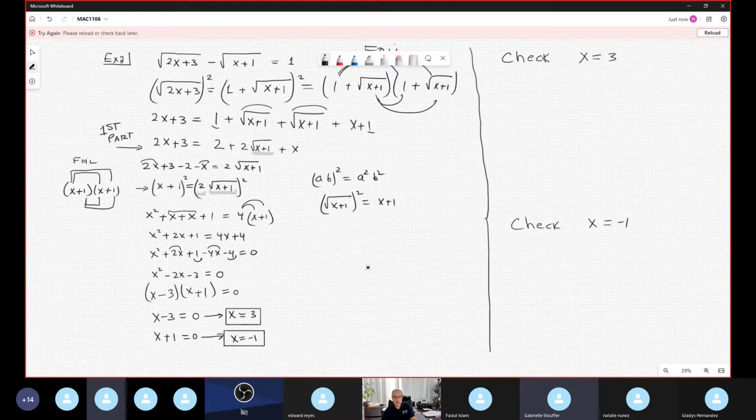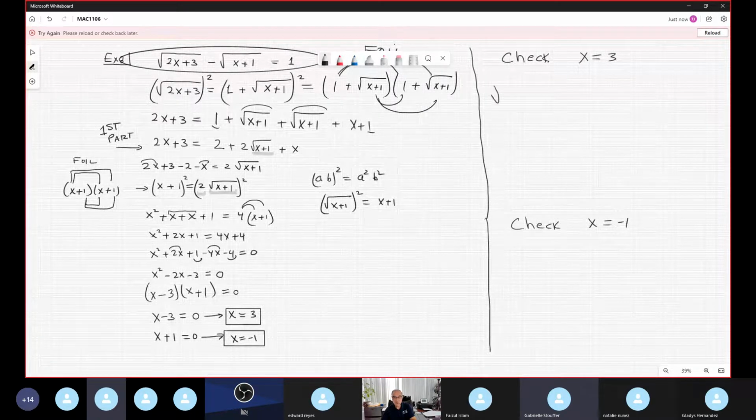So which equation do I need to check it in, because I have a lot of equations here? In what equation? The original. Okay, super. So now you write: square root of 2 times 3 plus 3, minus square root of 3 plus 1, should be 1.